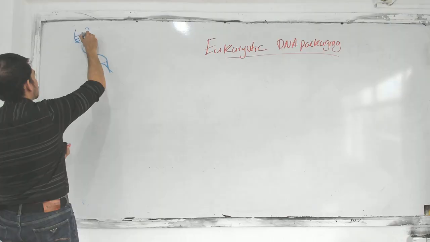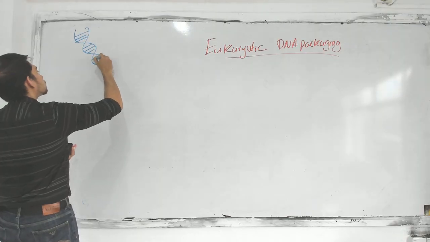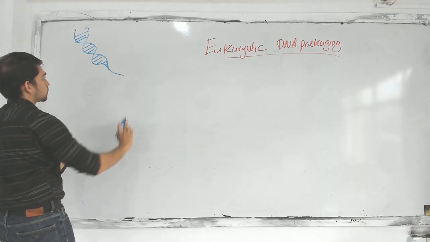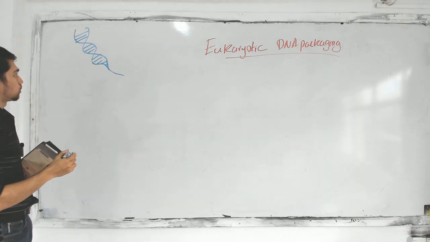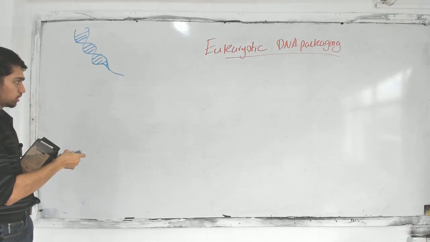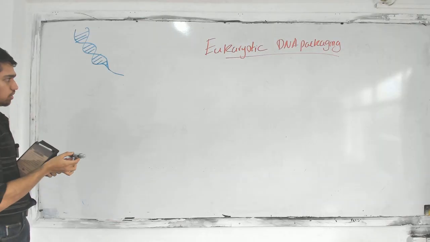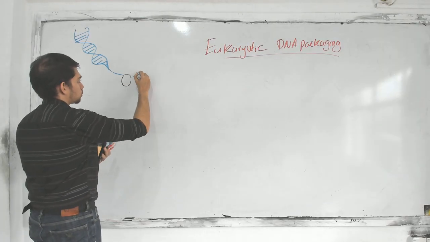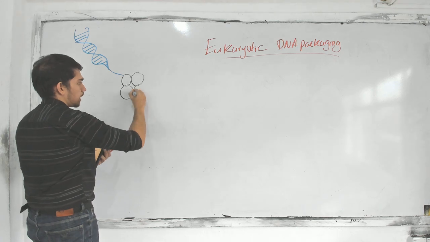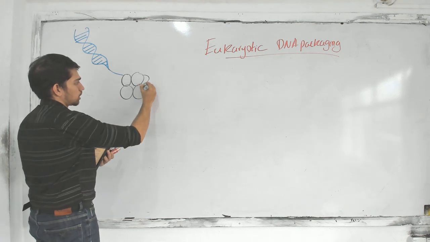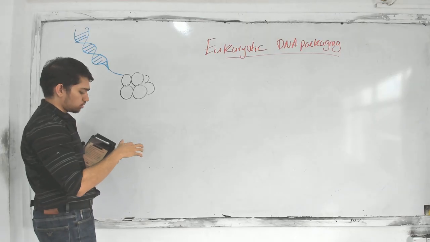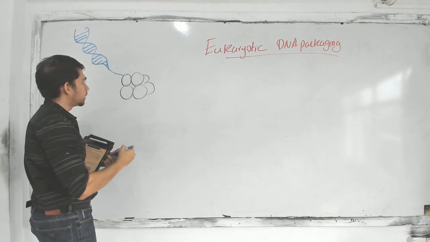Okay, this is the double helix, right? I'll compress it to one string. Then what are we going to do? We are going to wrap it around histones, histone proteins. How many histone proteins? 8. Here 4, and there are another 4 behind. 8 histone proteins. You're going to wrap the DNA around them.